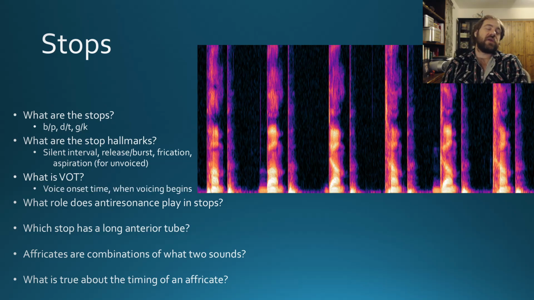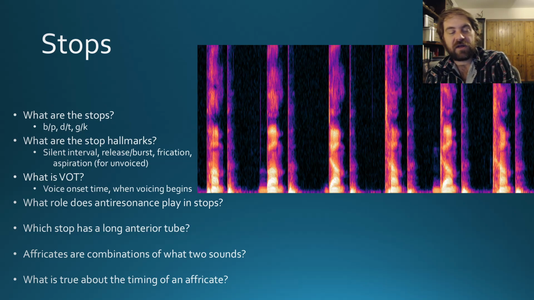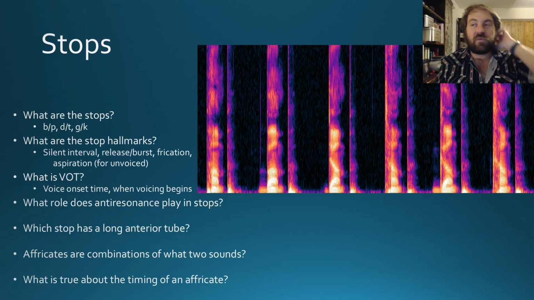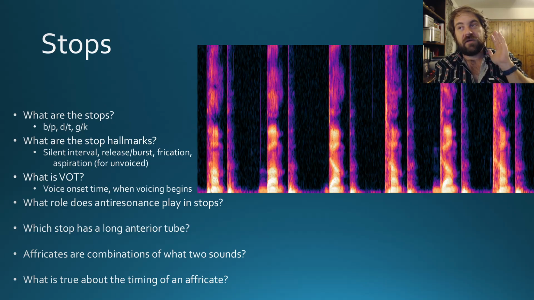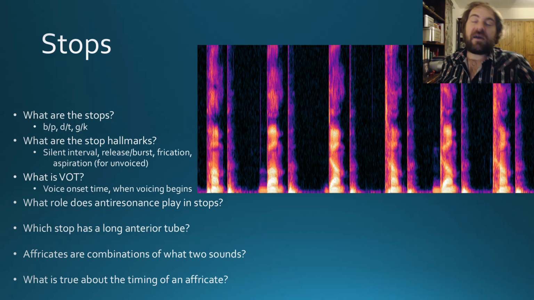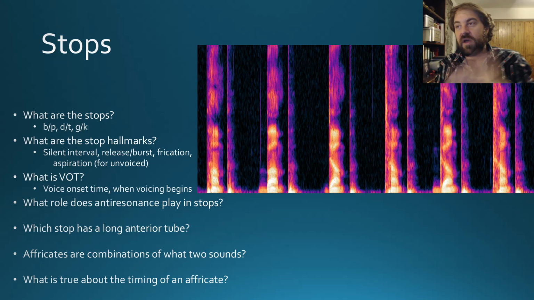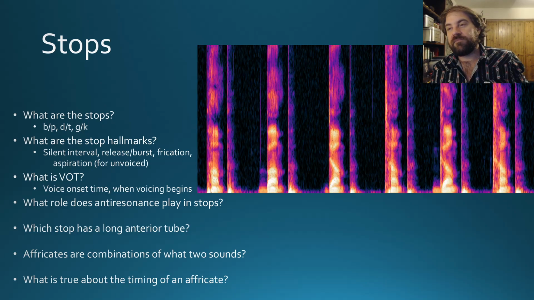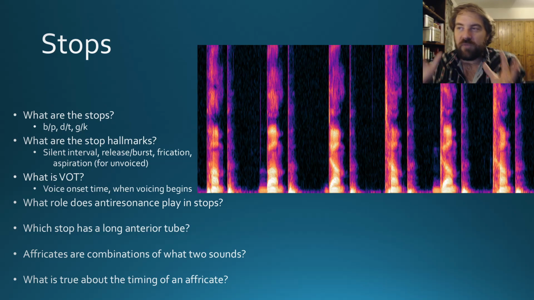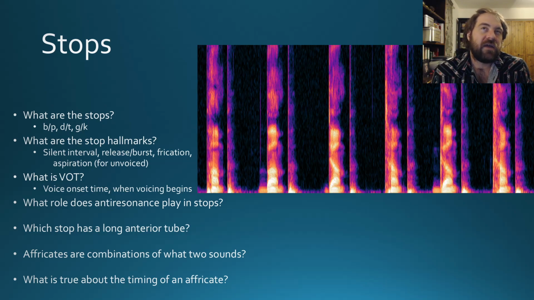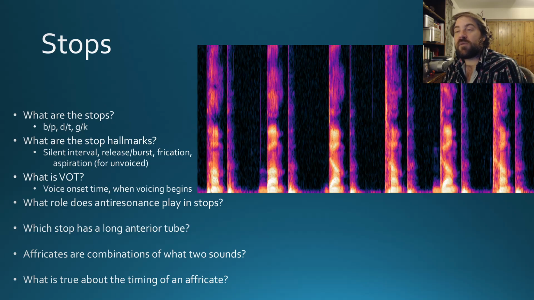What is VOT? VOT stands for voice onset time, and essentially it's when voicing begins for any of these phonemes. We don't have to only use it for stops because there's other voiced consonants. The problem with that is if you say "azupa" or something like that, you never stop voicing from your vowels.